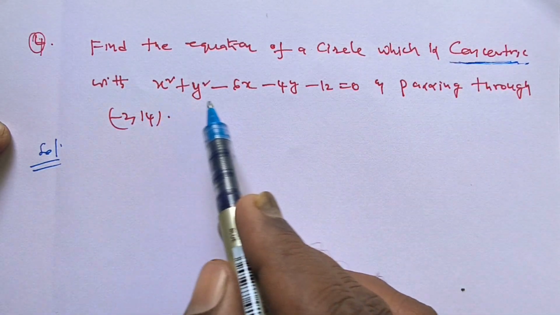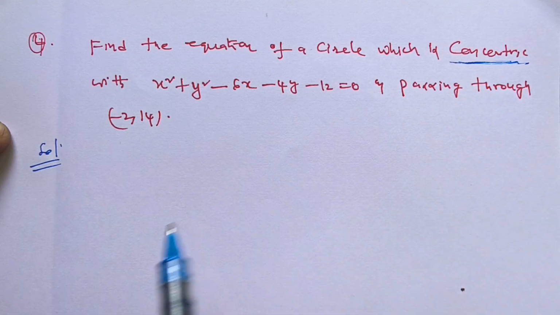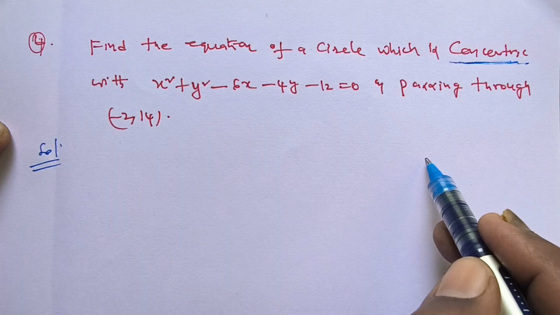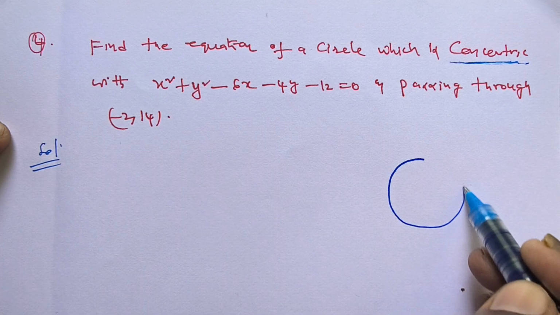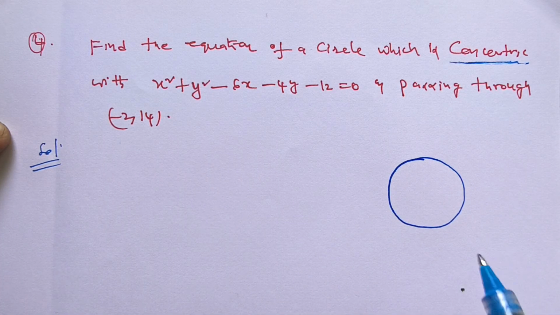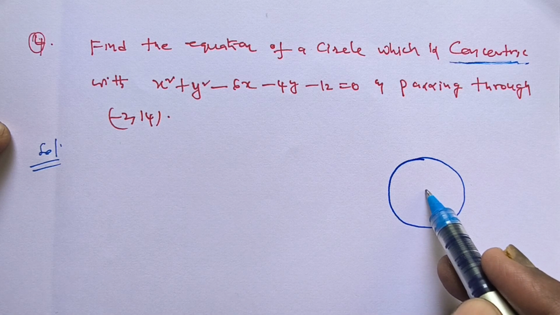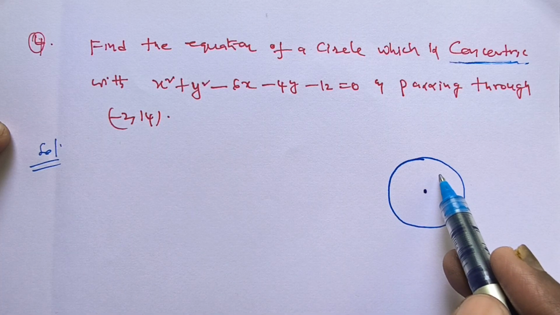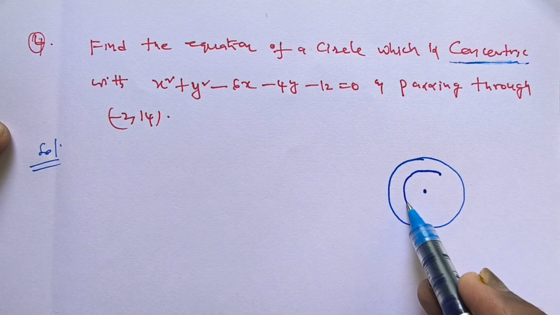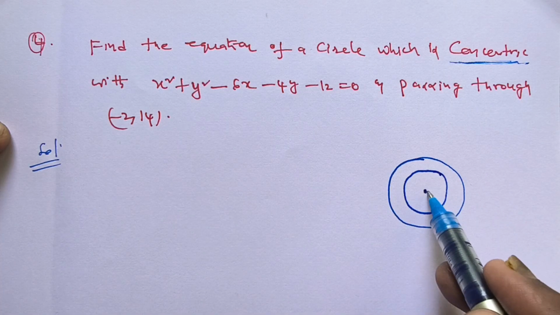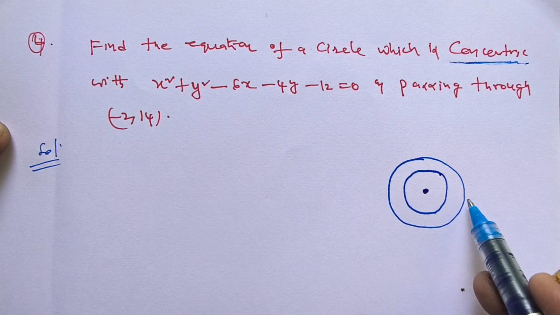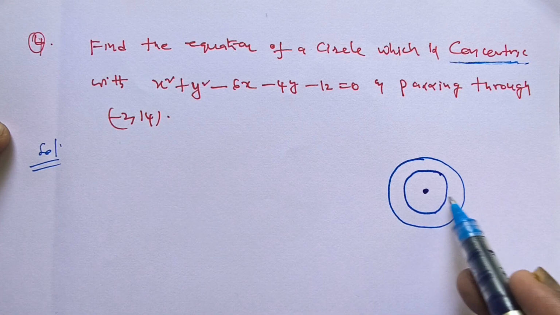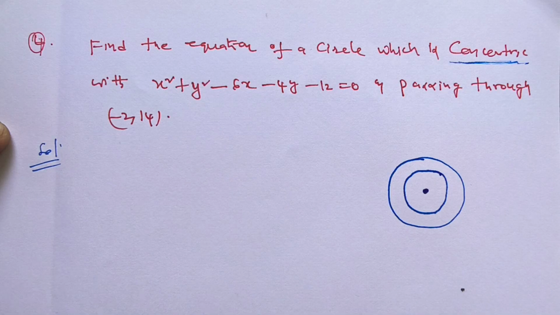That circle equation is concentric with this one. Concentric means circles with the same center. Suppose this is a circle equation. Two or more circles having the same center, that's why these circles are said to be concentric circles.